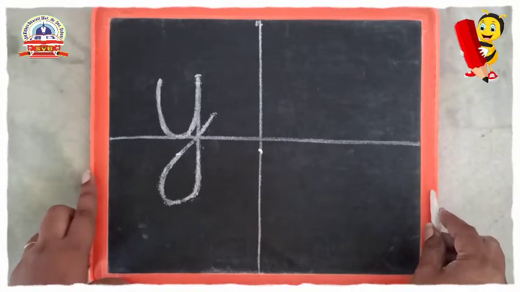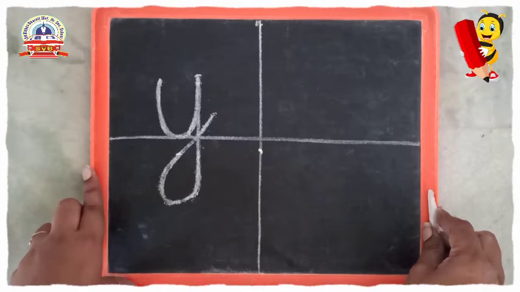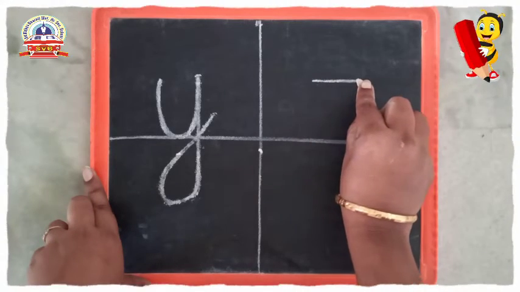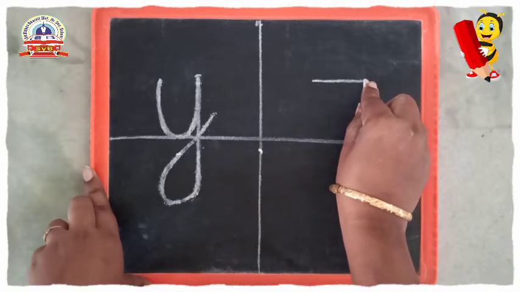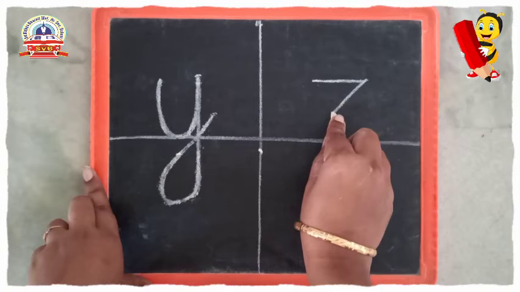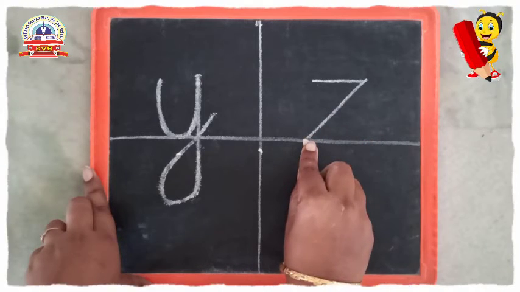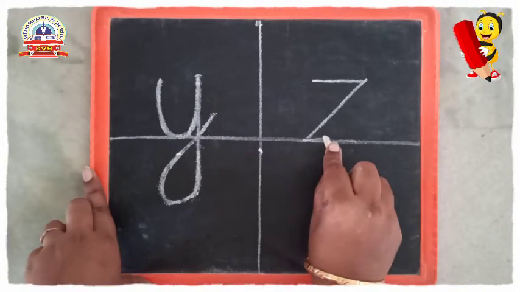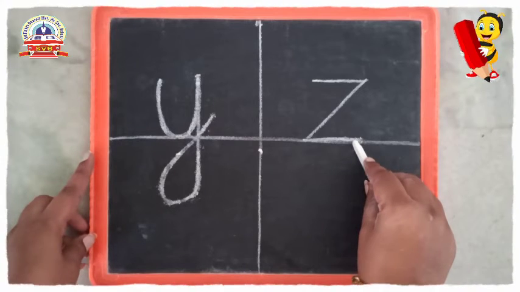Next comes Iz. Sound of Z is Iz. See here children, sleeping line in the middle, then right slanting should touch the hanging line and then sleeping line on the hanging line. Children, this is Iz.